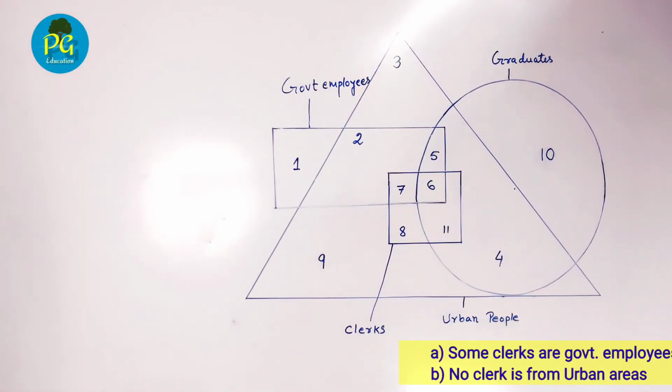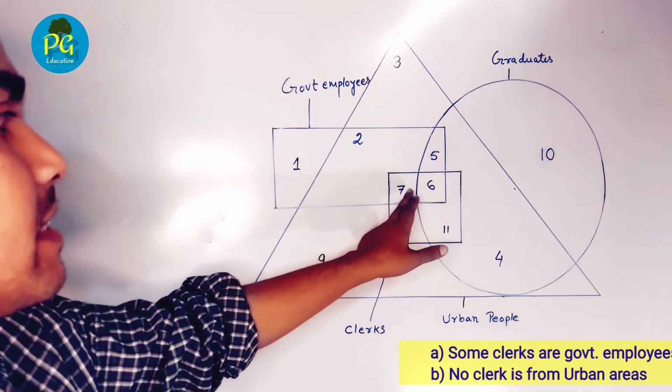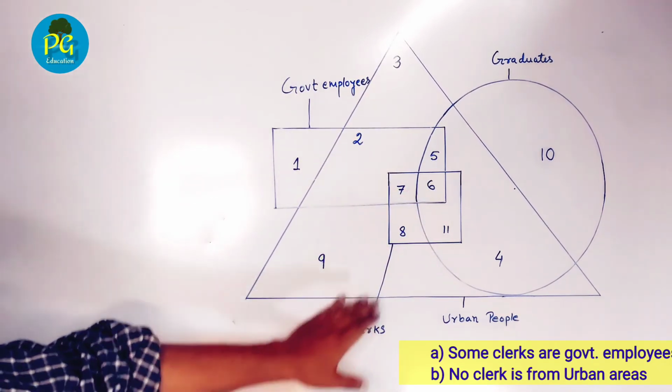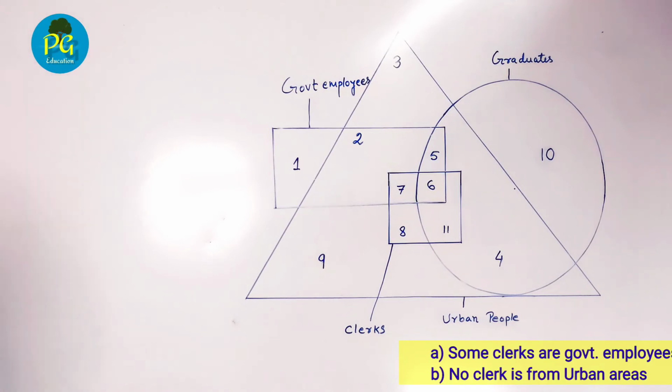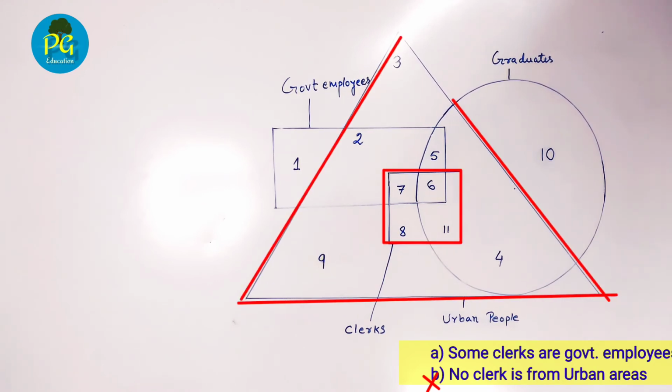So we got 2 numbers, 6 and 7, who are clerks as well as government employee. So we can say that some clerks are government employees. Therefore, option A is the correct option. Statement B is false because all clerks are urban people.